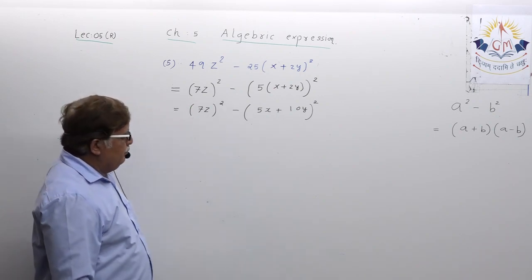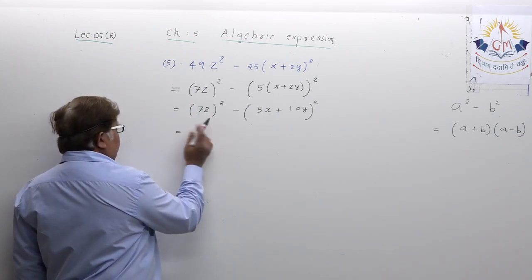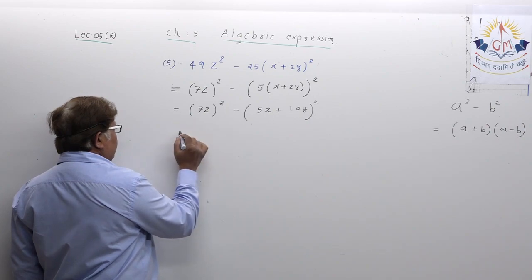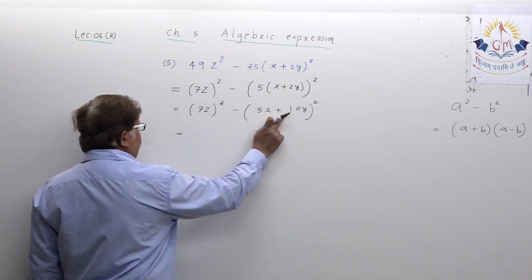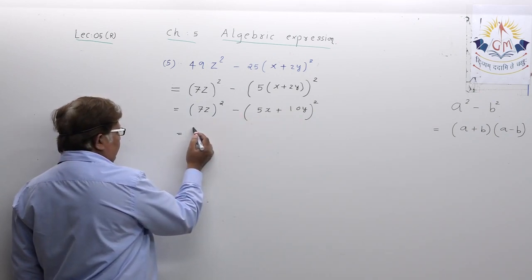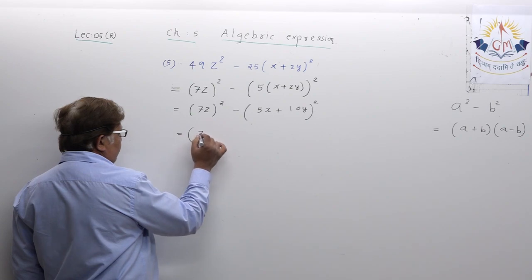So please be conscious. For us, this is A, this whole term is B. So what I am writing, dear student, please be conscious.